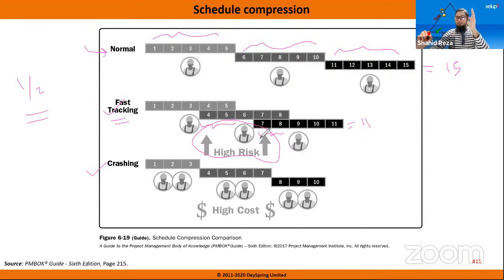Risk is high. Okay. So that's why, when you as a person try to do a lot of work together, everything will be slowed down. That's why people are now saying that you have to focus on one task at a time.